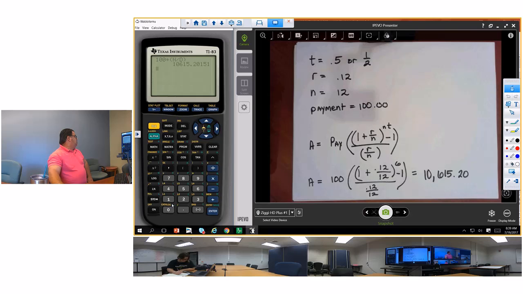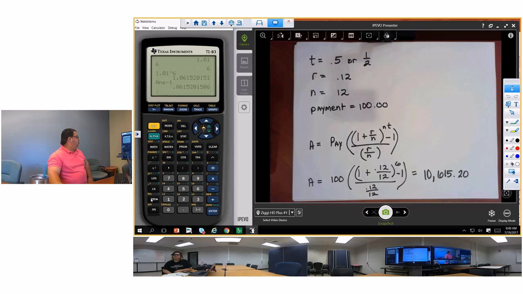So 0.12 divided by 12, enter, plus 1, enter, raised to the what? 6th power, minus 1.01 raised to the 6th power, and then minus 1, and that's our numerator.